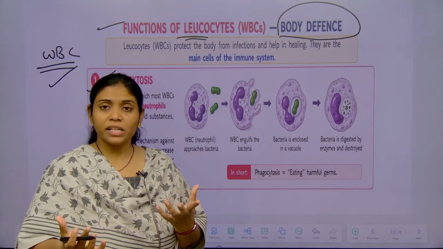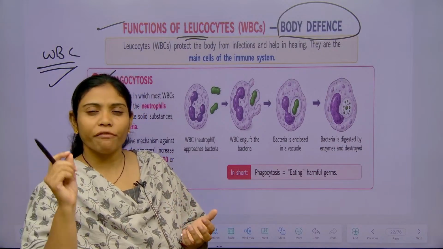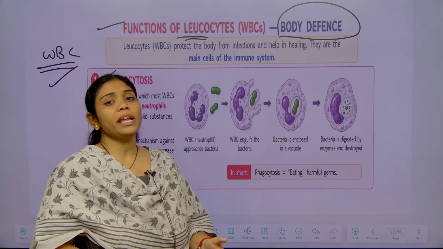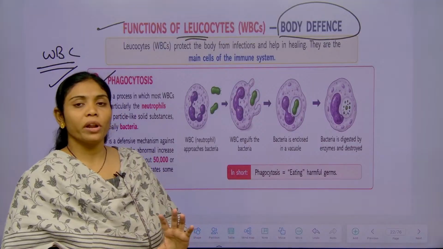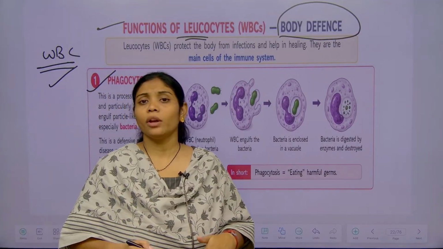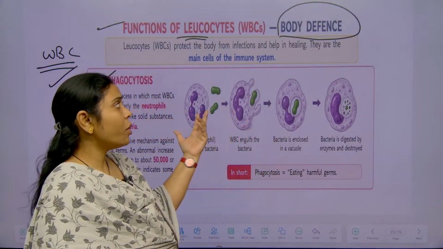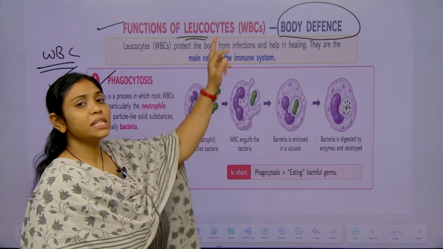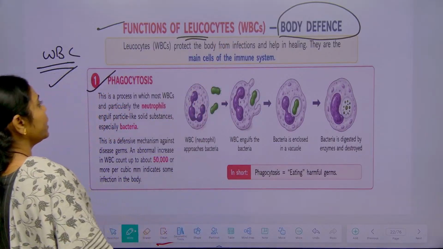These bacteria are invisible to our eyes, very minute in size. Every day we survive among microorganisms, but are we falling ill every day? No. Why? Because our body has a defense mechanism, which is carried out by the WBCs.